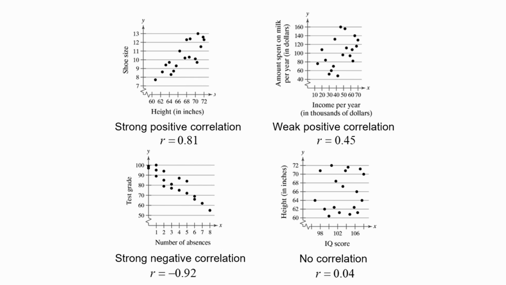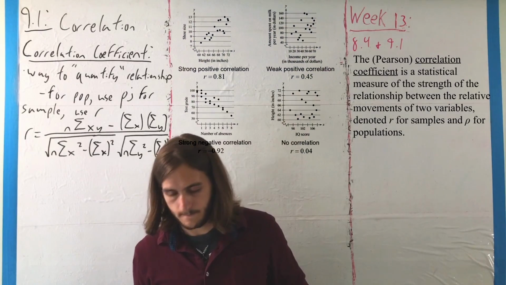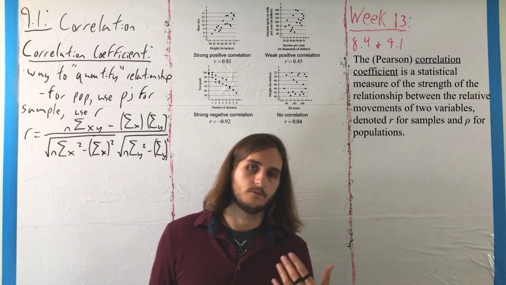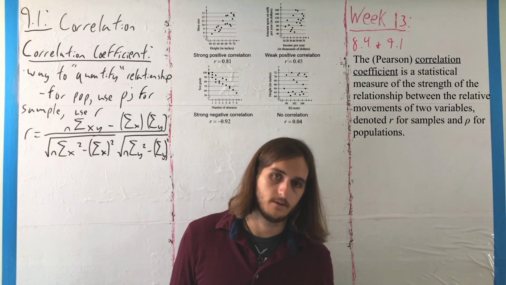It's more common with things like the height and the shoe size, or absences and grade, or any of these other examples, that you get some form of pattern that may be strong, may be weak, may be positive, may be negative, but those specific values of -1 and +1, they don't really happen.